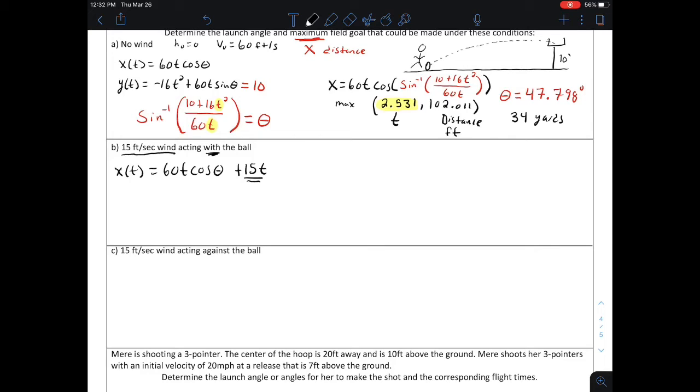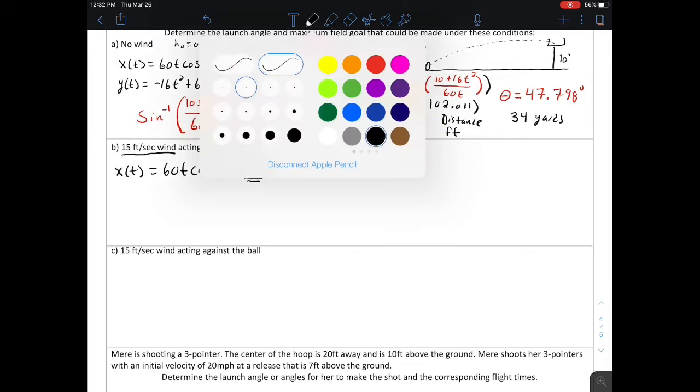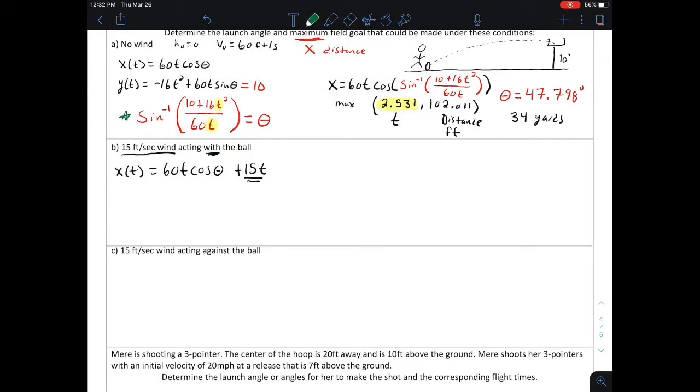So I'm going to take the equation that I already have for theta back in part 1, and I'm going to resubstitute that back in for this theta, and regraph.